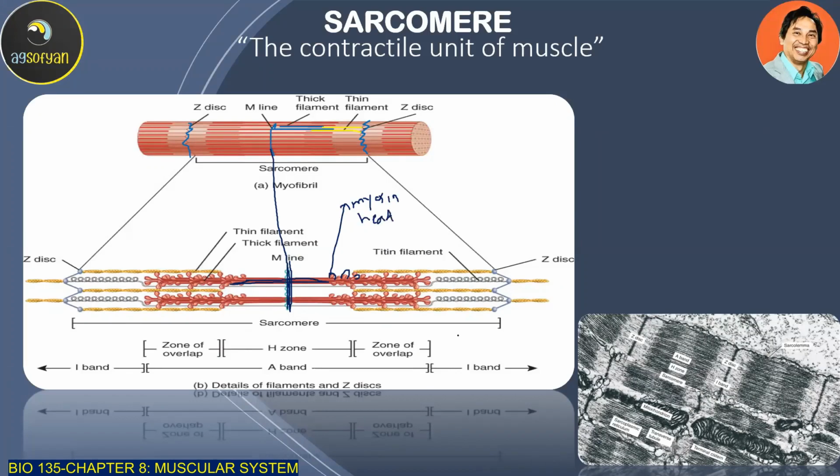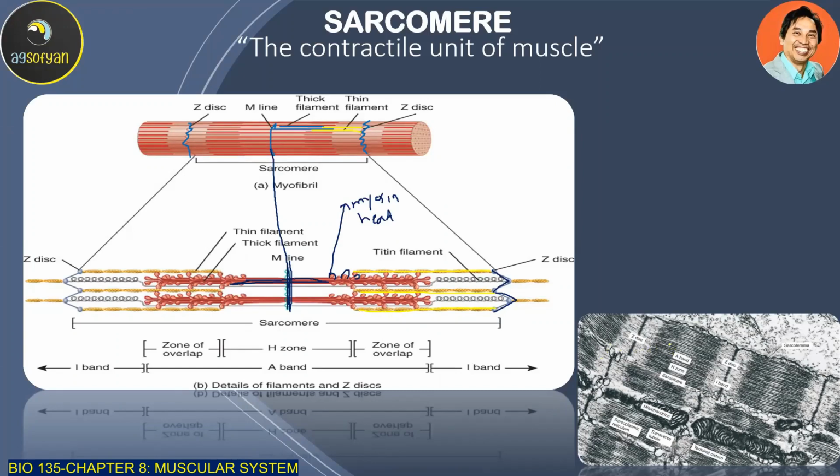Okay, and then if you see the Z disc, it's also a protein that borders one sarcomere from another sarcomere, it anchors the thin filament. So this is the thin filament, which is called the actin. Okay, so this is how the sarcomere looks.